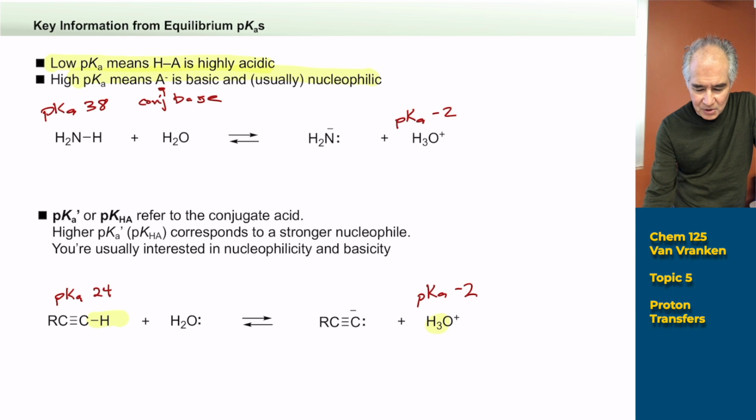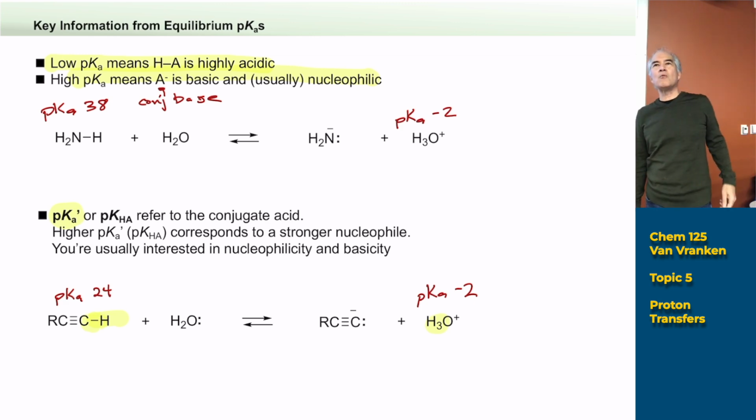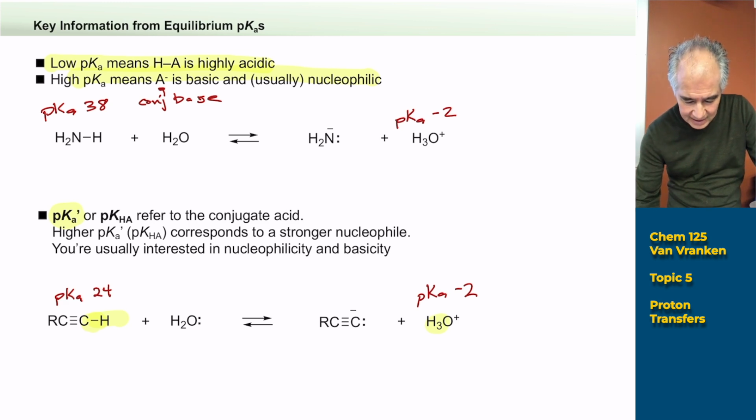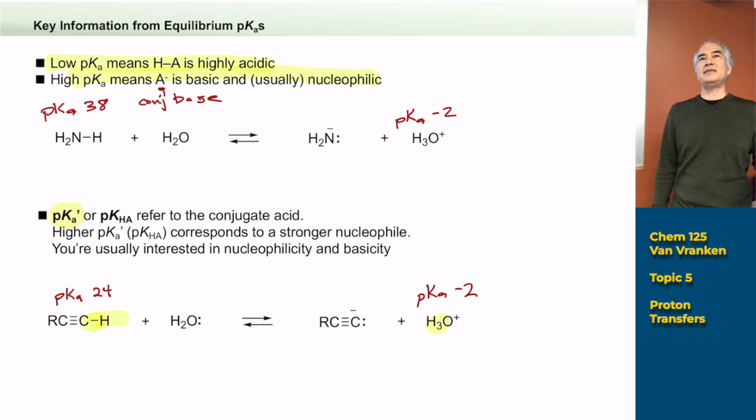It may not be new for you. You may have already heard of this. We don't really care about acetylene. We're not ever going to use this bond to attack anything. So why should we care about the acidity of that? What we care about in this class and in the field of organic chemistry is the conjugate base. That's what we care about. And so we want to talk about that species, not the acid on the other side of the equilibrium.